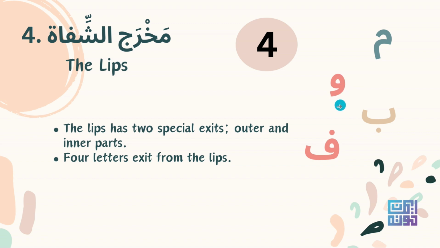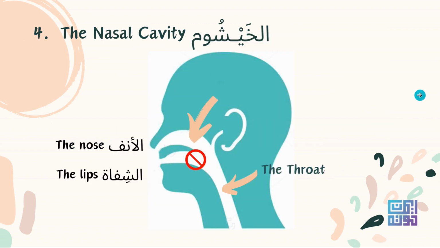So sometimes we have a wow with a fatha, wa, we, woo. Okay, so this exit also from the lips. What about the fa? F, the upper 2 teeth against the lower lip, and this is where the fa is pronounced from. Okay, so now we have 4 letters pronounced from the lip.